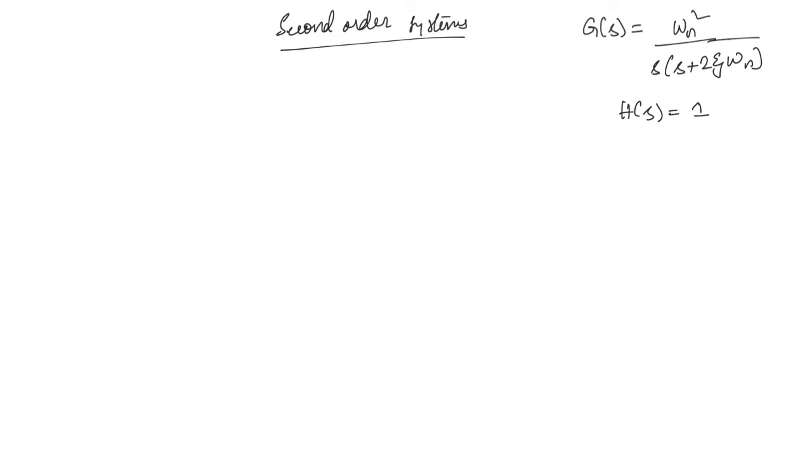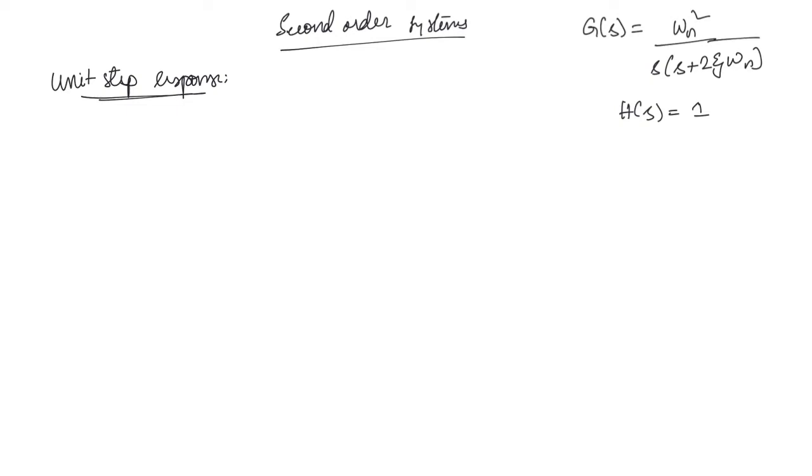Okay, now we also derived the unit step response. Right? What was the unit step response that we got? What is meant by unit step response? When you give a unit step input, then the output is called the unit step response.